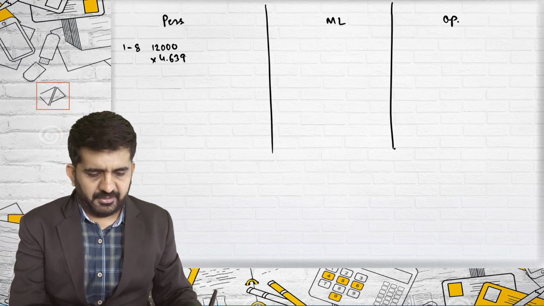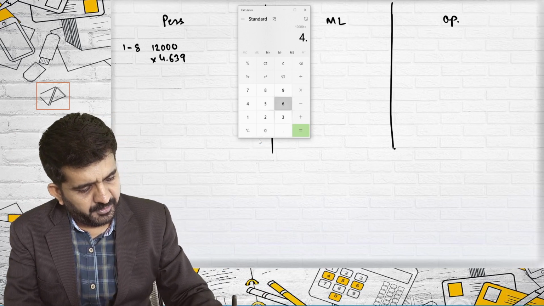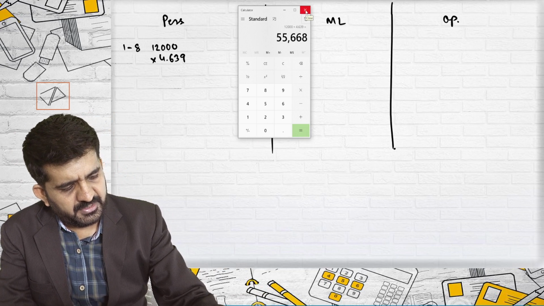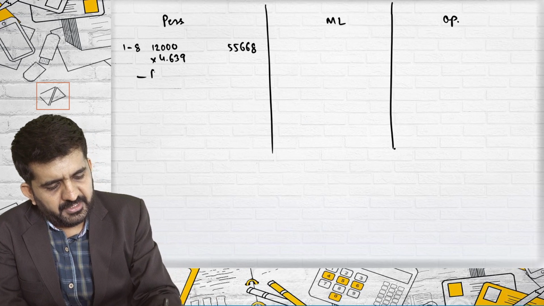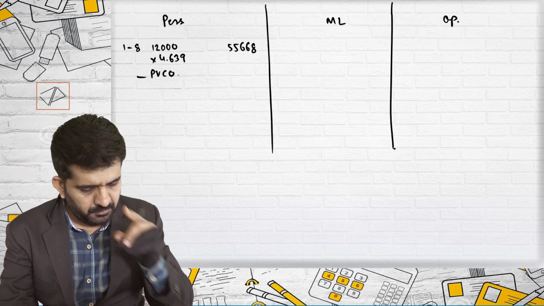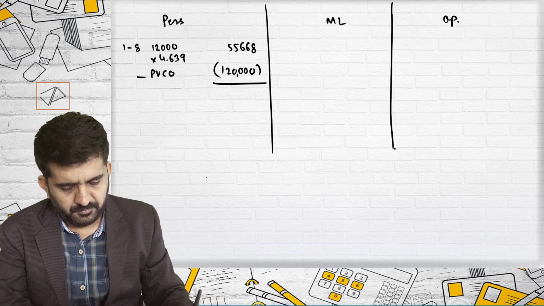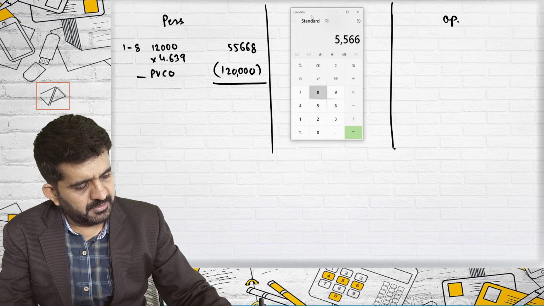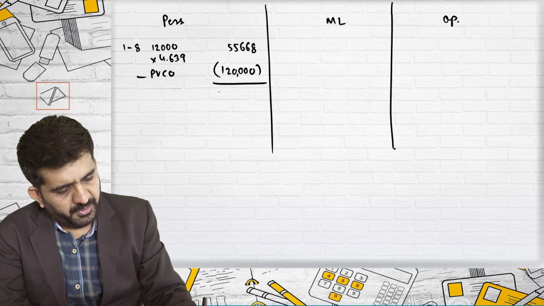I have found out the factor, present value annuity factor. 12,000 into 4.639, 55,668, minus present value of cash outflow 1,20,000, 64,332 negative.